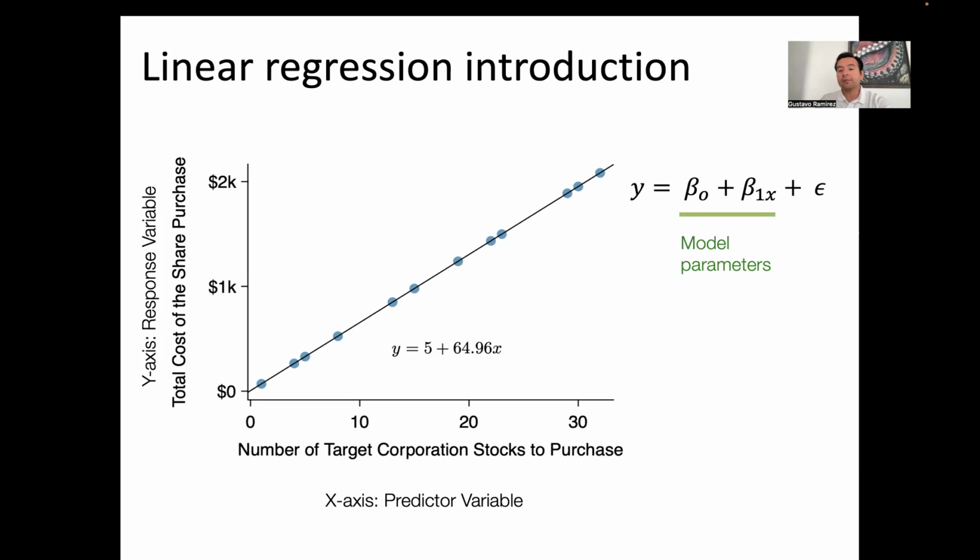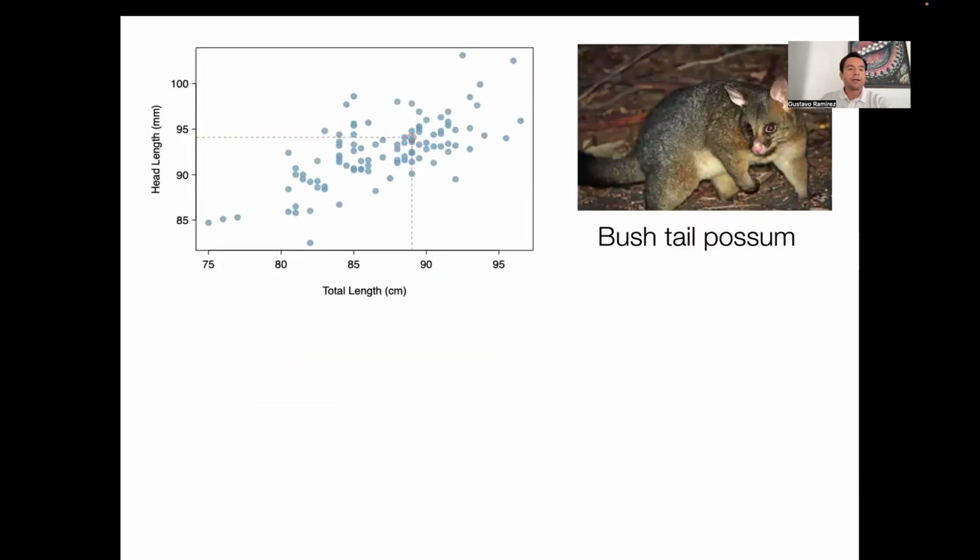Beta naught would be the y-intercept that all the data in a given population of observations would give you. And then beta 1 would be the slope for that same line model on all the possible observations. There's an additional term here that we ignore at this point, that is the error. So we'll not worry about the error at this point.